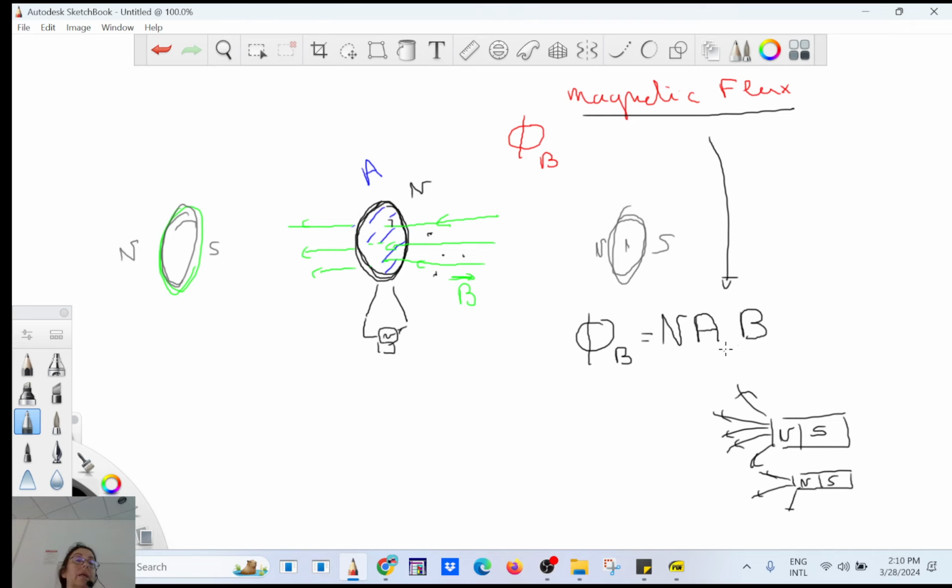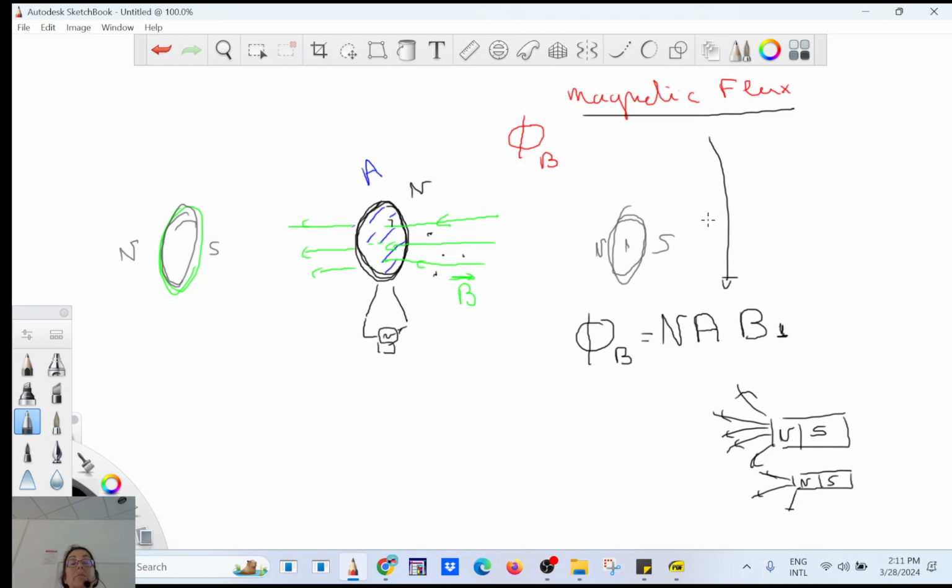Is that clear? I should be adding a little sign here because that will be only for perpendicular. It has to be perpendicular, otherwise I will have to introduce a cosine somewhere.